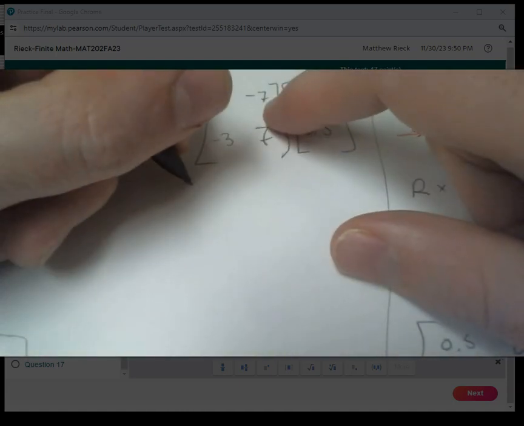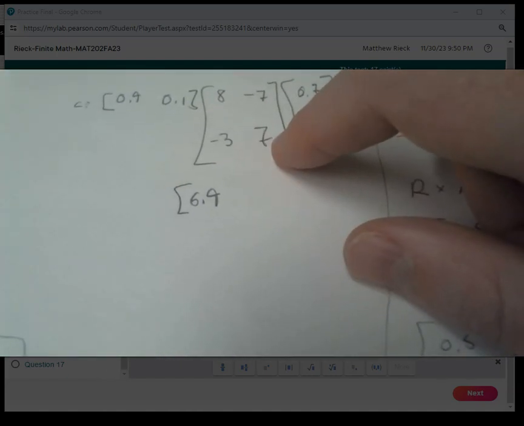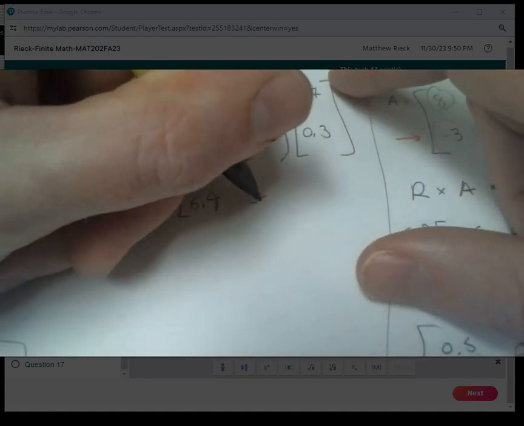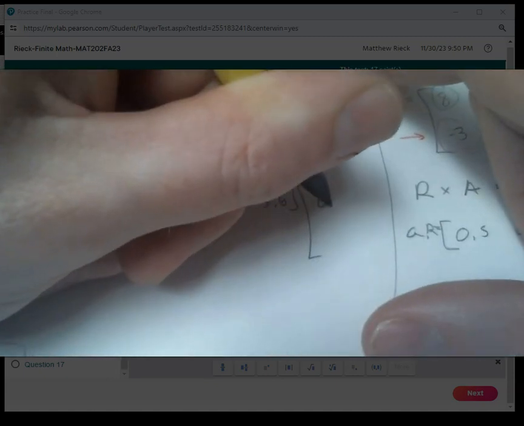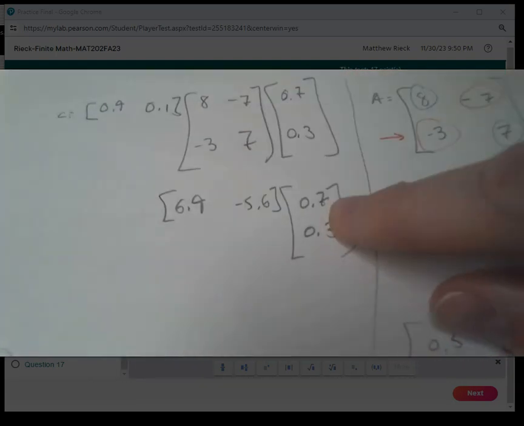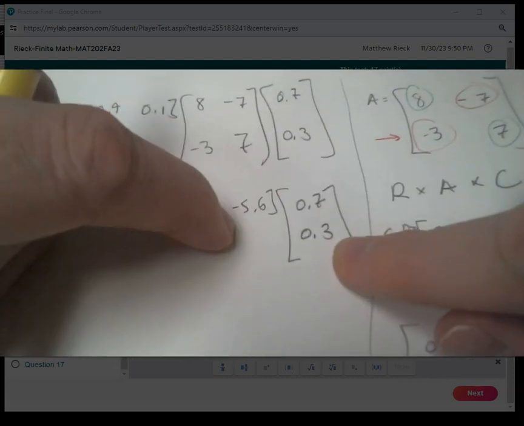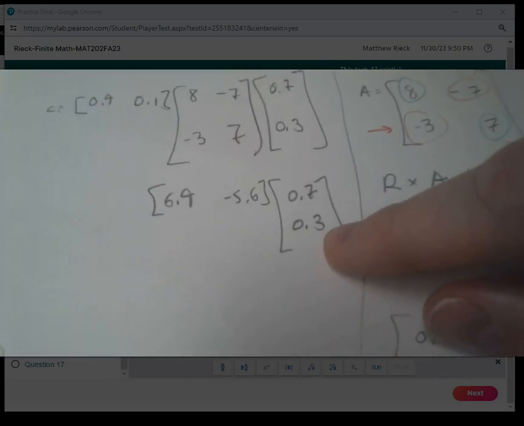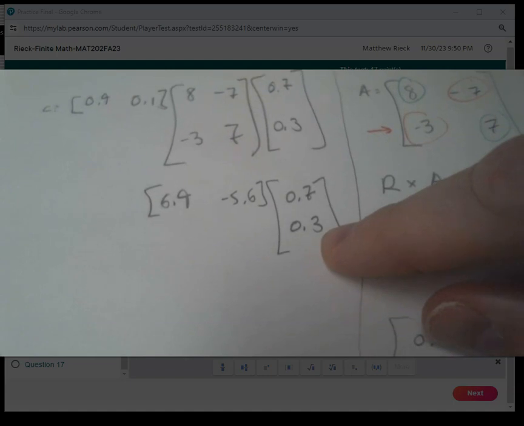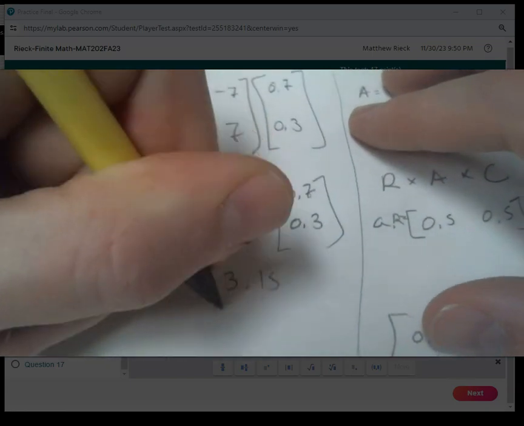So you have 6.9. And then we have 0.9 times -7 plus 0.1 times +7. It's going to be -5.6. So then we have 6.9 times 0.7 plus -5.6 times 0.3. So we have 3.15.